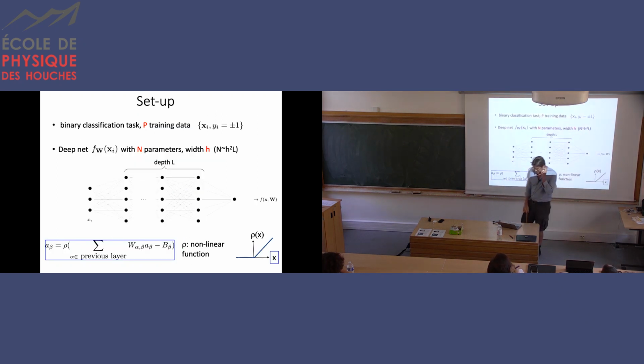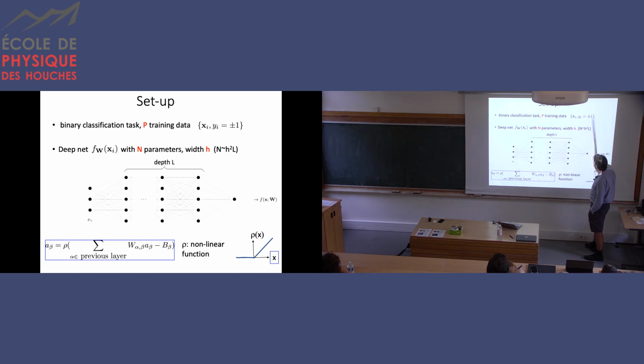This is essentially just to introduce my notation. For me, P again is the size of the training set. X are the pictures. Y is a label; for binary classification, it's plus or minus. N will be the number of parameters.